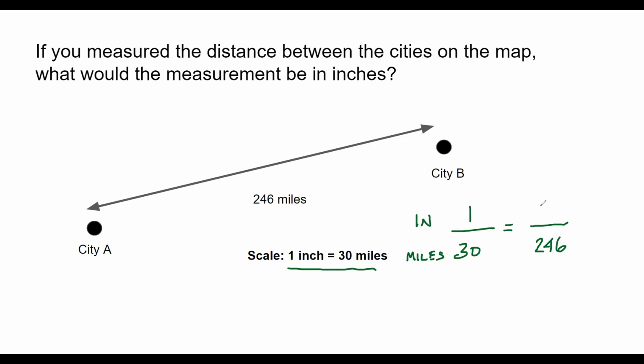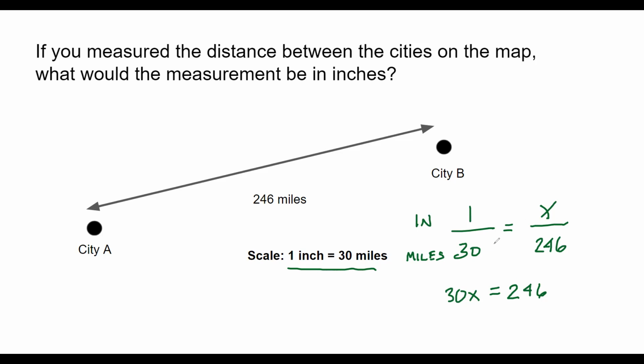And what we don't know is how many inches that is. So you can see that this sets up to be very similar. 30 times X is 30X. And that is equal to 1 times 246. That is 246, because multiplying something by 1 doesn't change anything.